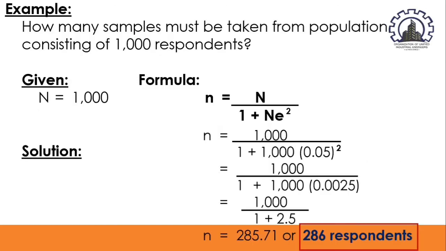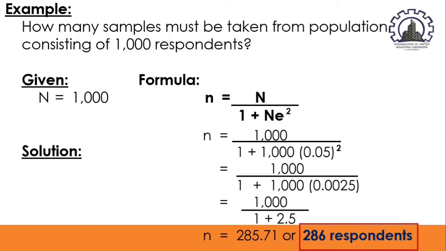For example, how many samples must be taken from a population consisting of 1,000 respondents? If you are a researcher of a certain research or thesis that you are making, of course, it is very apparent that it is not feasible to conduct a survey questionnaire to all 1,000 respondents.